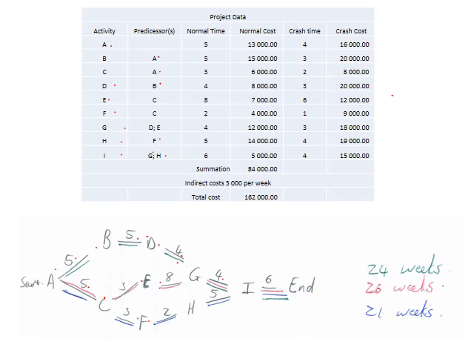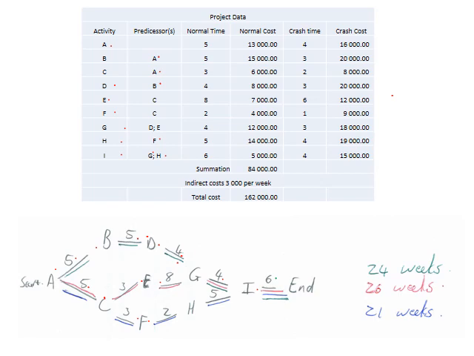But the main thing that we want to get to is we want to calculate the duration and the critical path. How we calculate the critical path is we start from the end, and we take the longest route. So basically we take the possible routes that we've got.